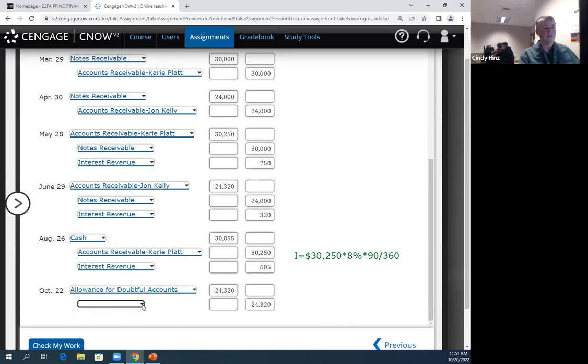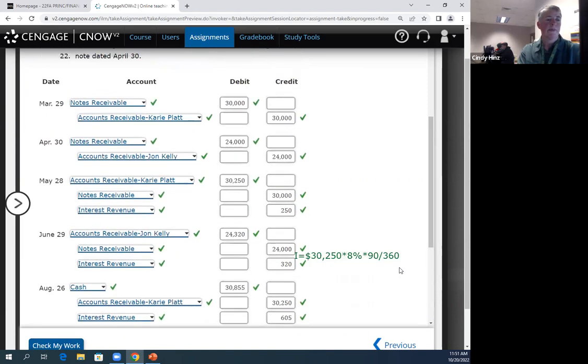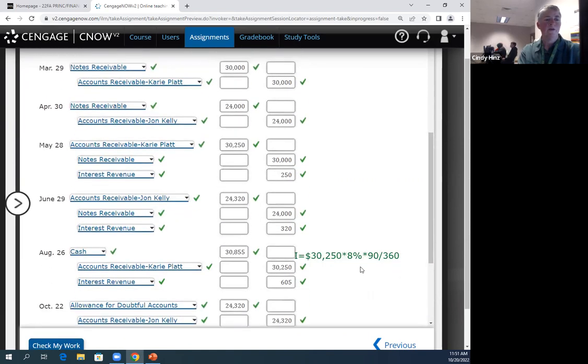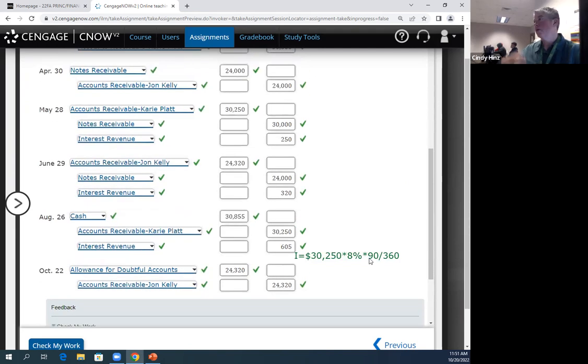We write it off to the allowance account and we remove his account from our accounts receivable. For some reason, we know he's not going to pay us. Any questions about that? The idea of how we handle it when a note is dishonored, they still owe us the interest.